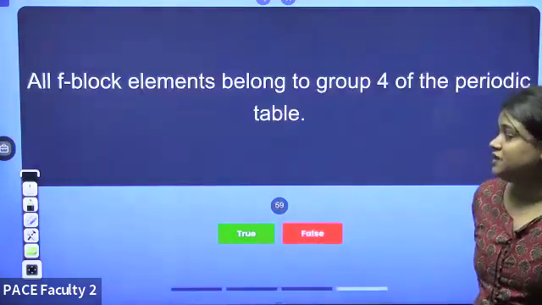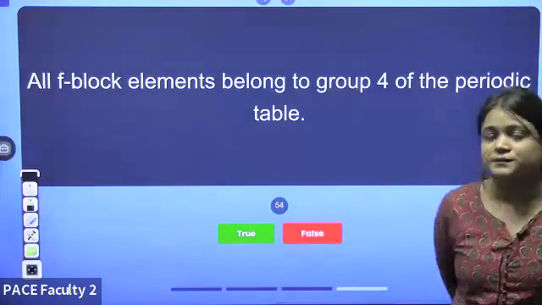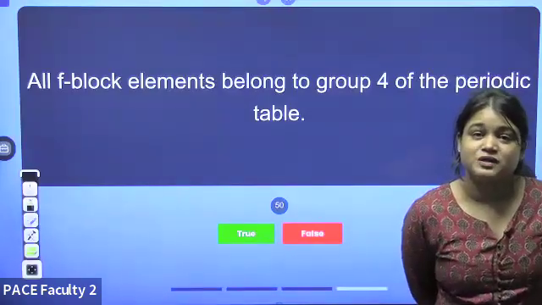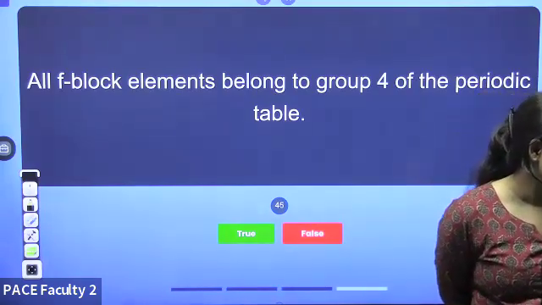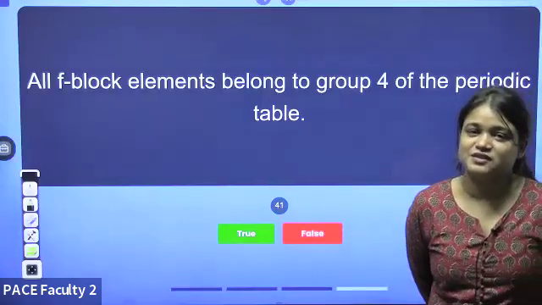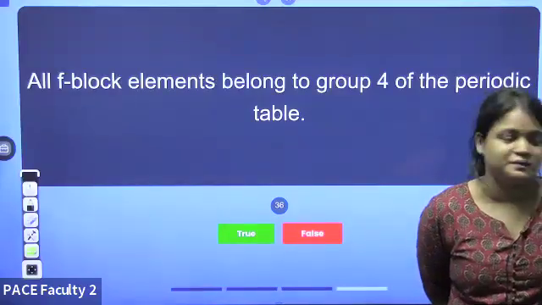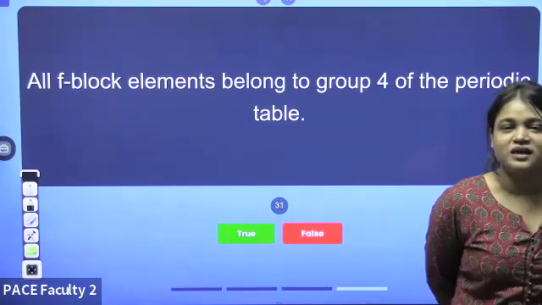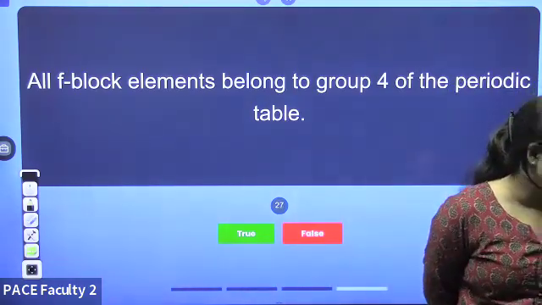False. Then: all F block elements belong to group 4. Group 4 or something else? Do all F block elements come in the fourth group or some other group? Tell me quickly. From Telangana, please tell me the answer of this question. Fourth group or some other group? Dumka says false. Very good. Dondi, what do we think the answer is? Dondi says false.